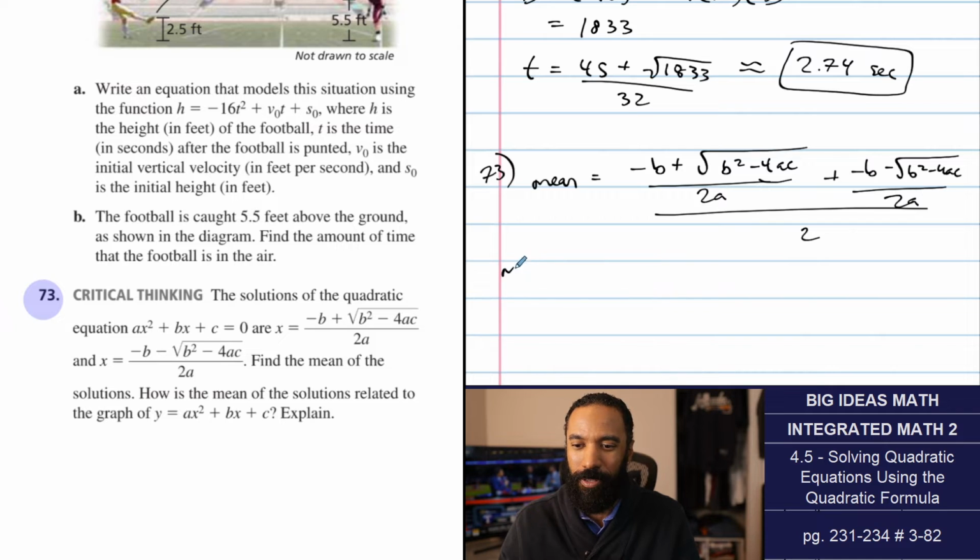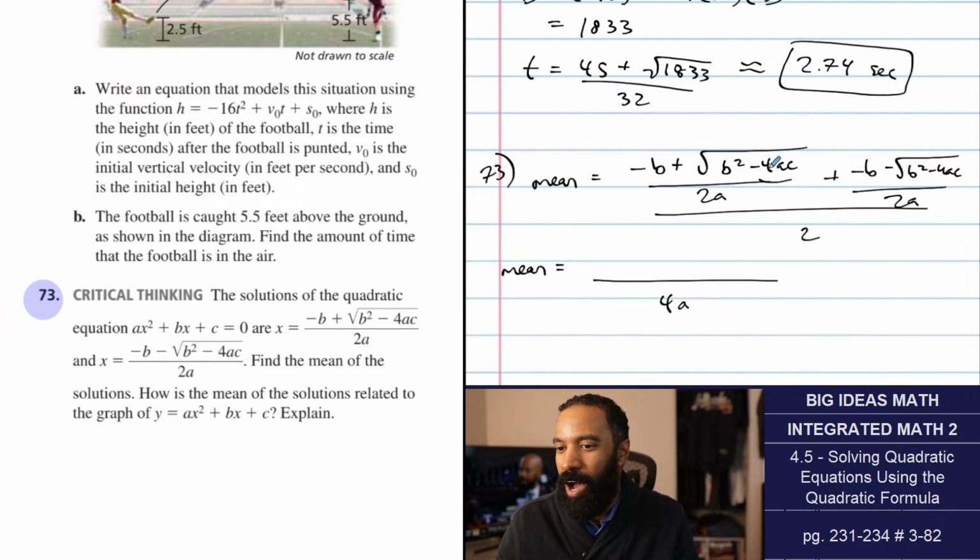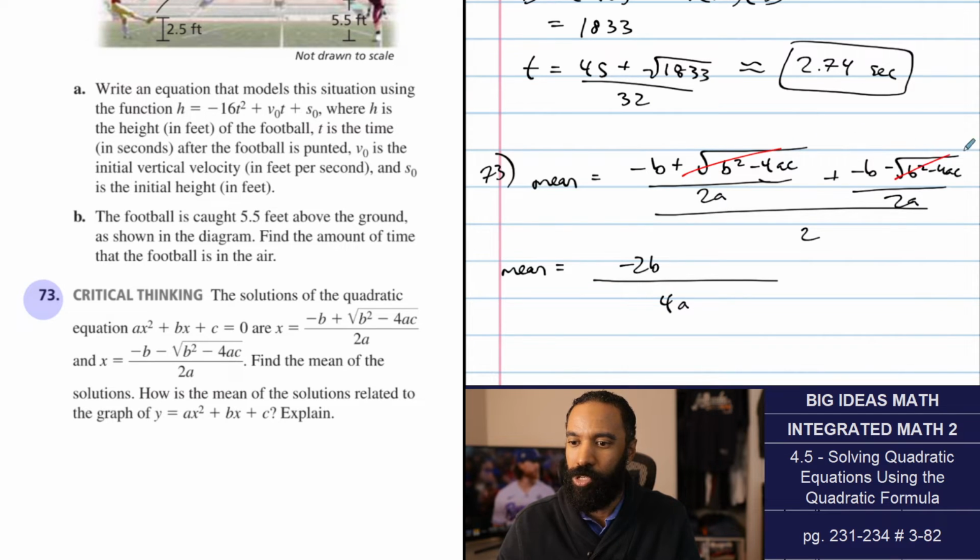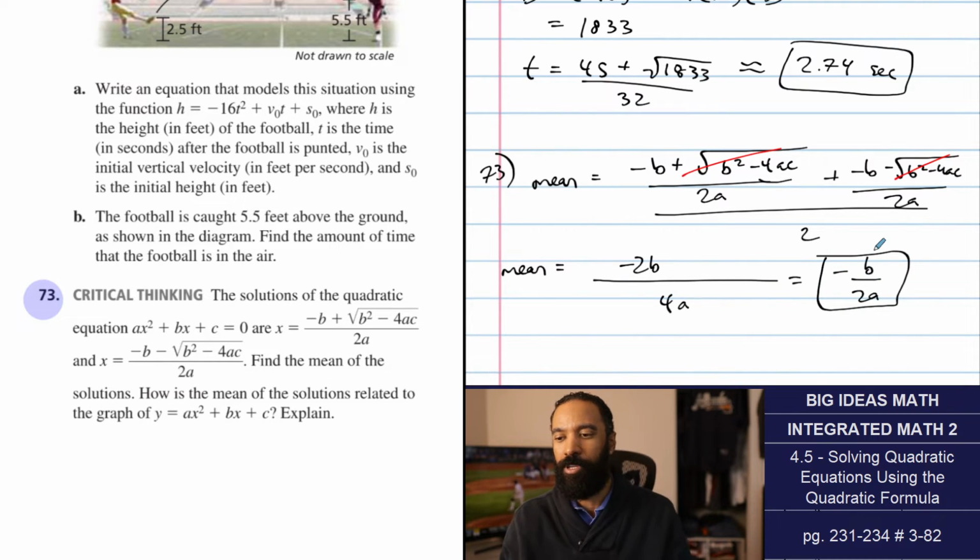Dividing this by 2 is putting the 2a as a 4a. Negative b plus negative b is negative 2b. And plus this plus negative that means these parts cancel out. So you get negative 2b over 4a, and that reduces to negative b over 2a. So the mean is negative b over 2a.